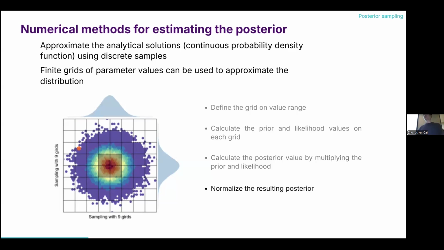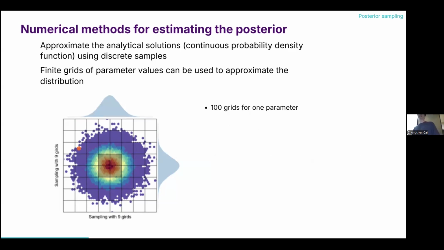And in the end, if you want, you can normalize the result. It doesn't matter if you normalize it or not, because we're estimating the density. It's just relative. Standard grid for each parameter.